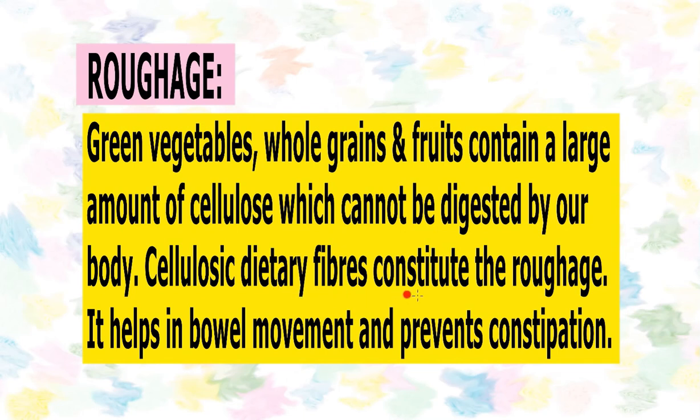These dietary fibers constitute the roughage, and roughage helps in bowel movement and prevents constipation. So the food waste which is stored in the rectum part of our alimentary canal in the form of feces is removed from the body, or egested out, by the bowel movements. So roughage helps in proper bowel movements and thus prevents constipation.